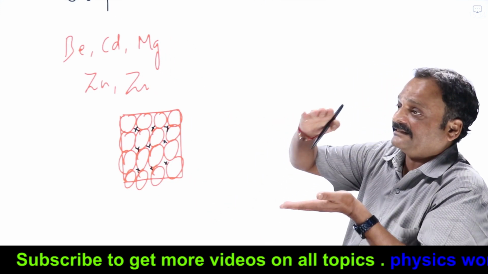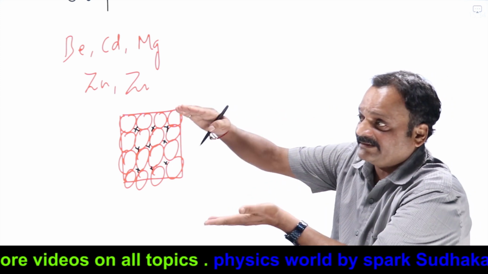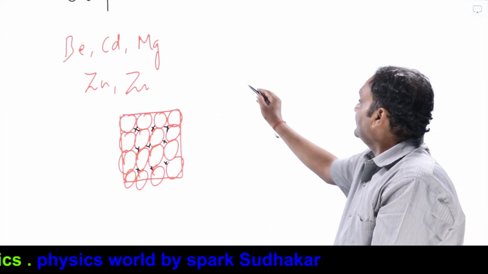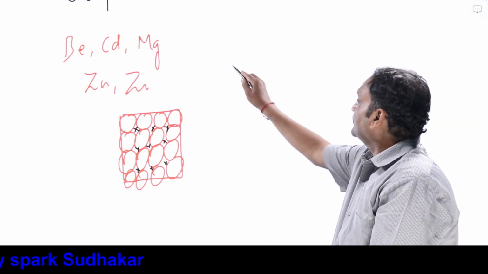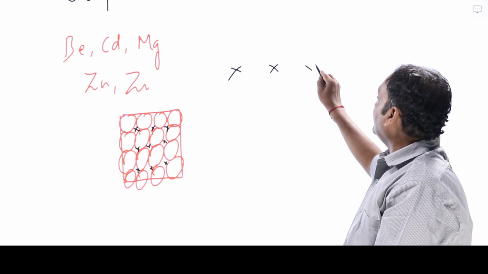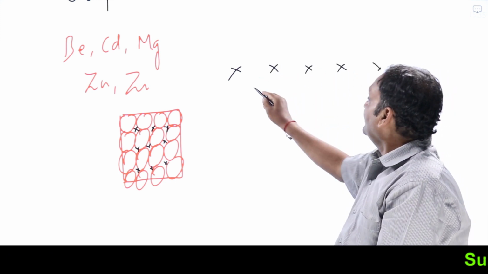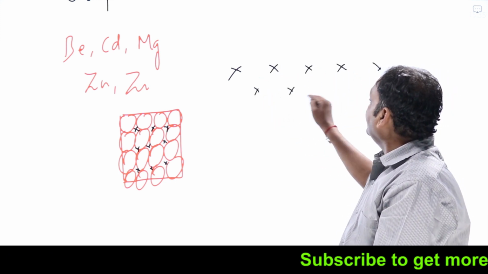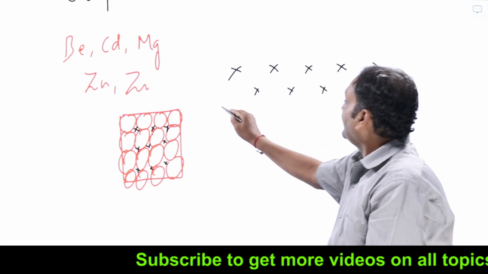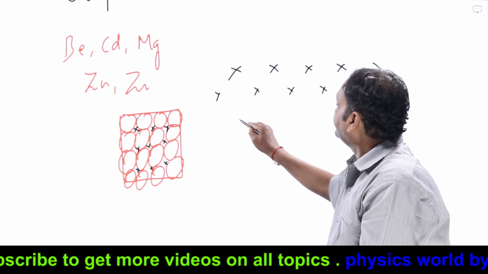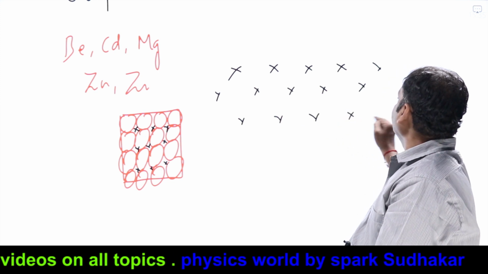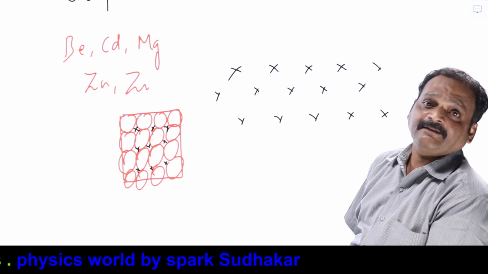People carry eggs and apples in trays. If you observe closely, one layer of atoms will be like this, another layer will be here, another layer here. This is nothing but a hexagonal structure.